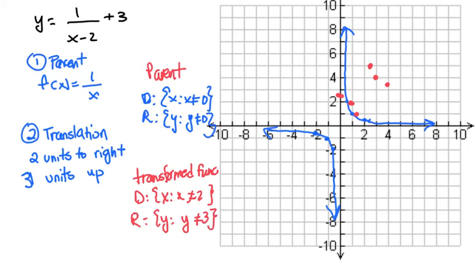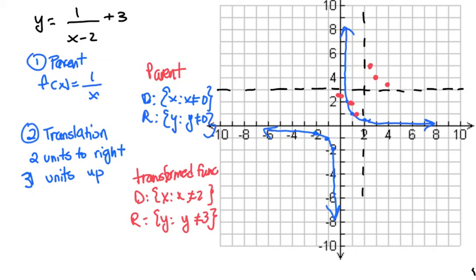That is a vertical line. So I actually graph it. That is the vertical line at x equals 2. And y can't be 3. That is a horizontal line at y equals 3, right there.